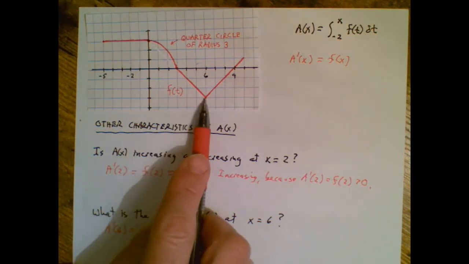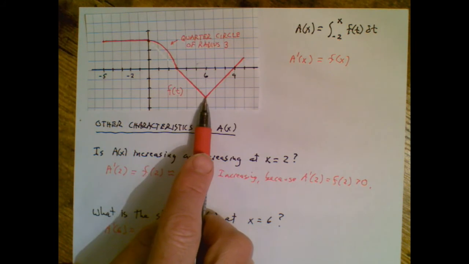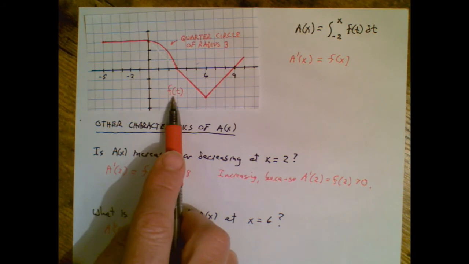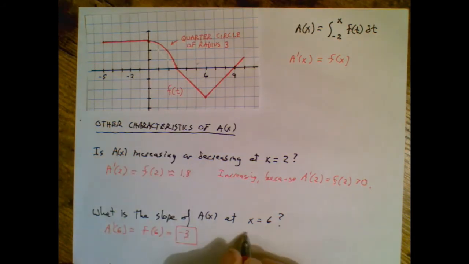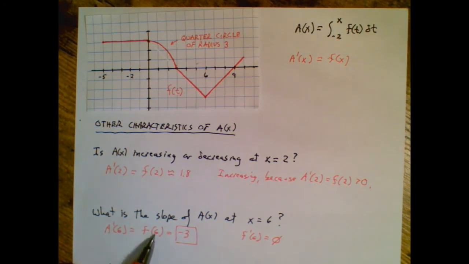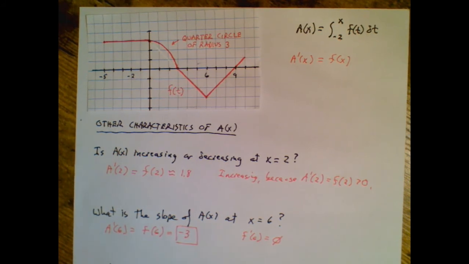By the way, you might be thinking that's a non-differentiable point, but that's a non-differentiable point for function f. So f prime of 6 does not exist, but f of 6 does exist, and f of 6 is what represents a prime of 6.